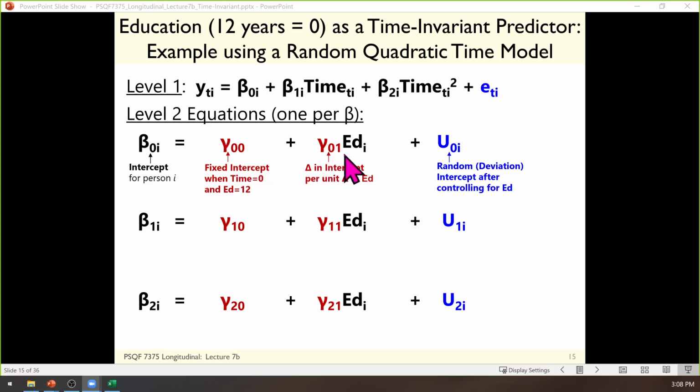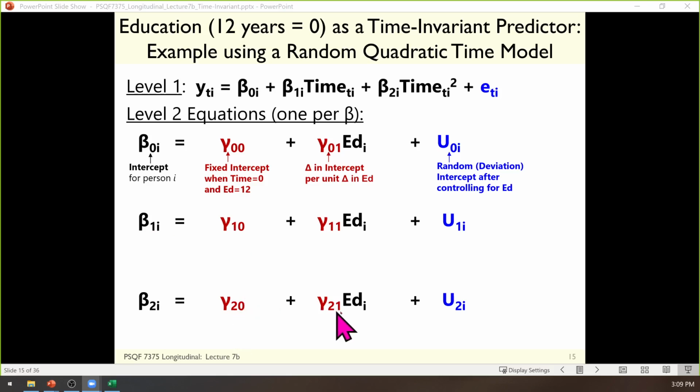Gamma 01 is my fixed effect of education as a main effect. So if you look at the subscripts within this beta 0 line, the first subscript is a 0 in each case because each of these terms is predicting beta 0. So the first subscript is which beta does it go with in the level 1 equation. So the first set of subscripts are all 0 for this first line. The second line here, the first subscript is a 1 because these all go with beta 1.